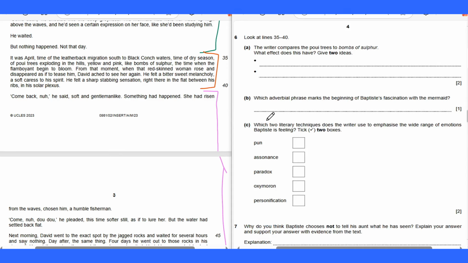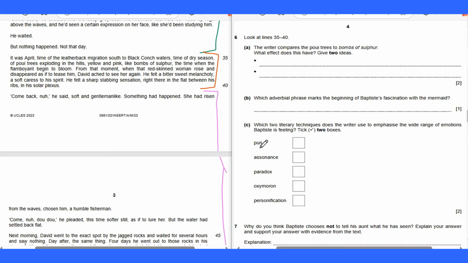6c. Which 2 literary techniques does the writer use to emphasize the wide range of emotions Baptiste is feeling? Tick 2 boxes. Pun, assonance, paradox, oxymoron, personification. So we get the answer from still 35 till 40.